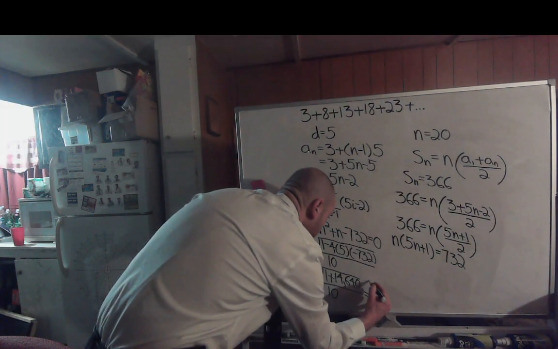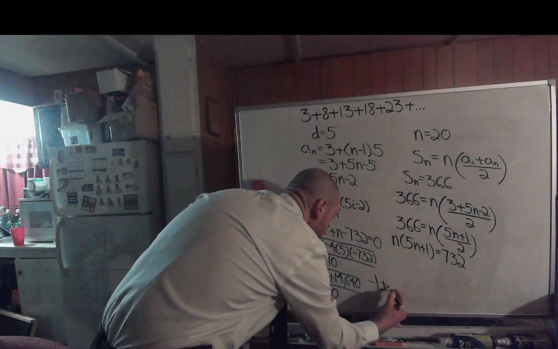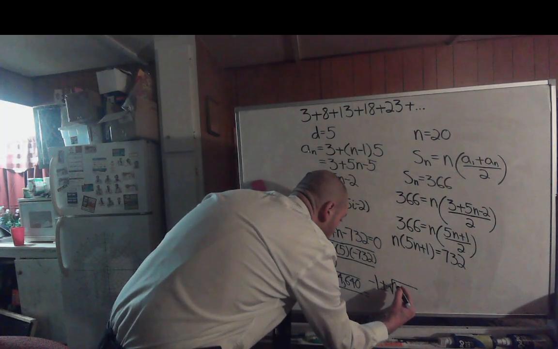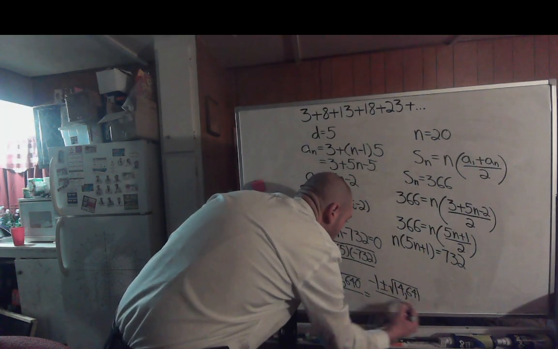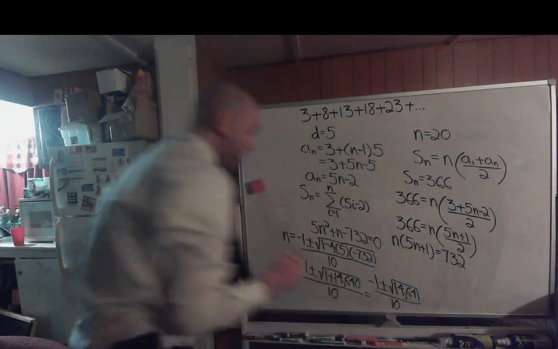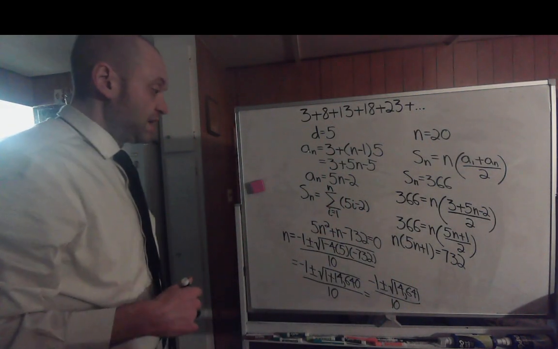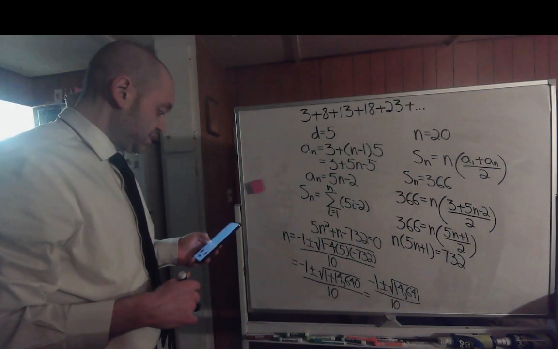So this would equal negative 1 plus and minus the square root of 14,641 all over 10, which, let's find the square root of 14,641.